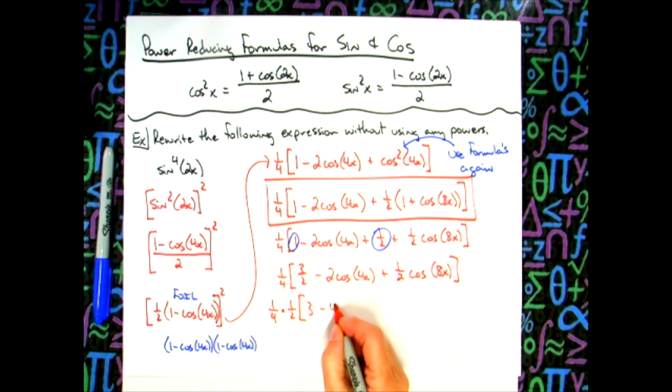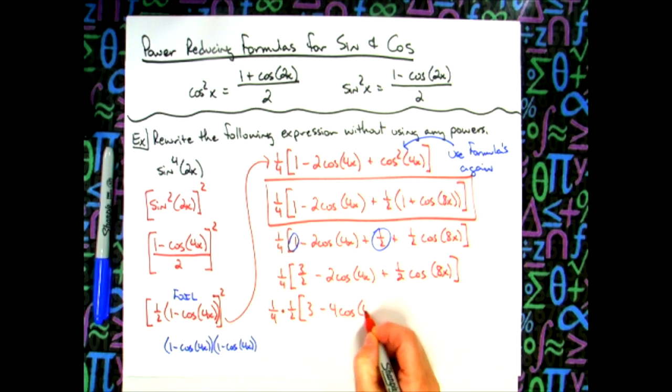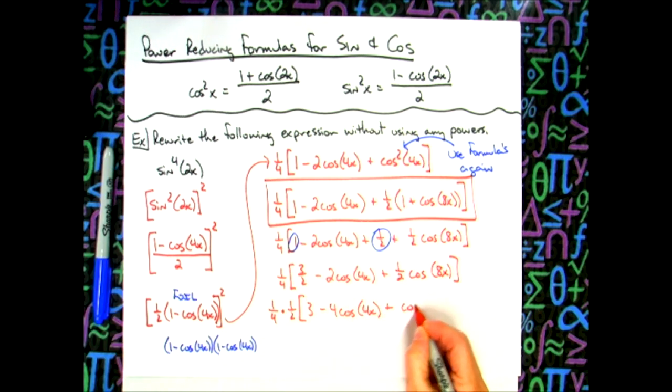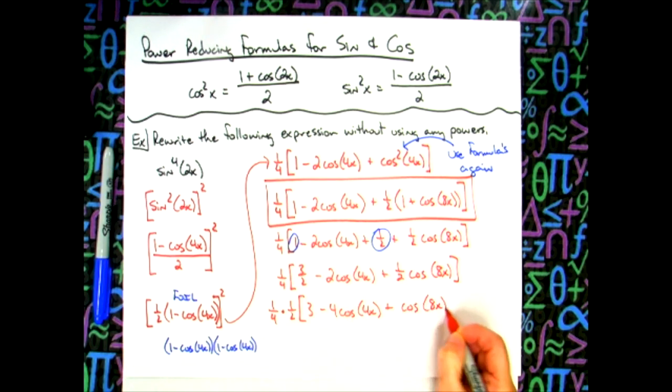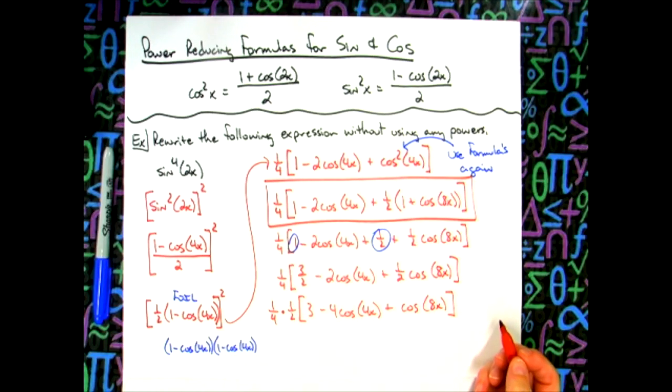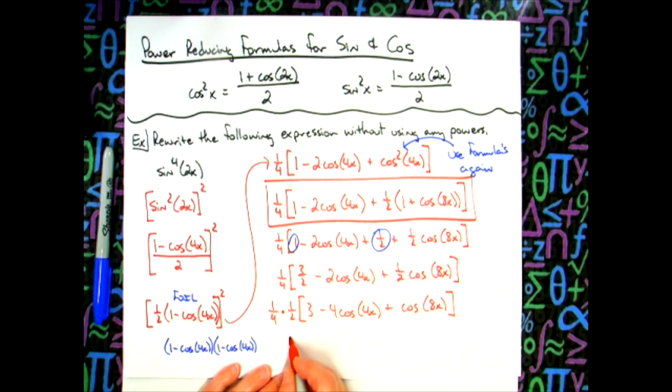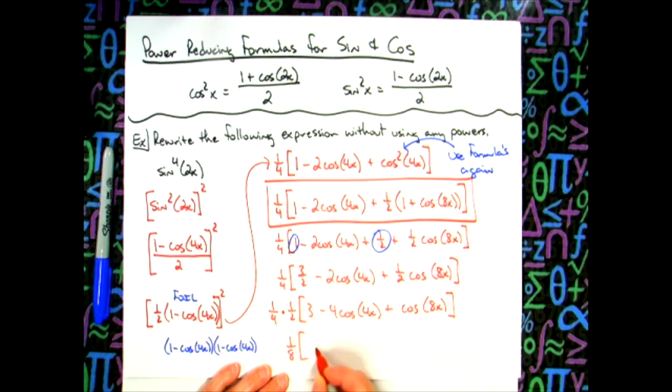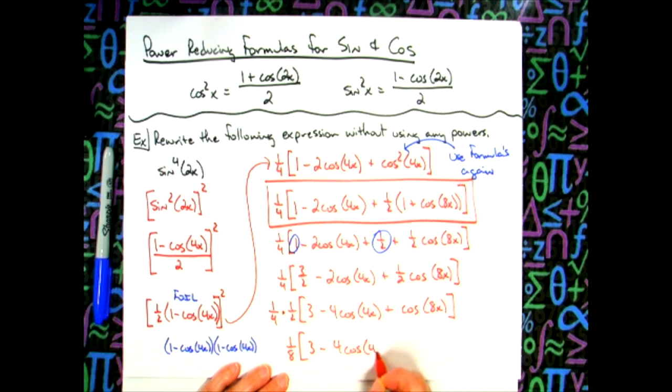So we'll have a -4 cosine of a 4x. Pulling the 1/2 out there, we'll have the cosine of the 8x. And then probably the last thing that you might want to do is multiply those two things. We'll have that 1/8 out in front. We'll have the 3 minus the 4 cosine of the 4x plus the cosine of the 8x.